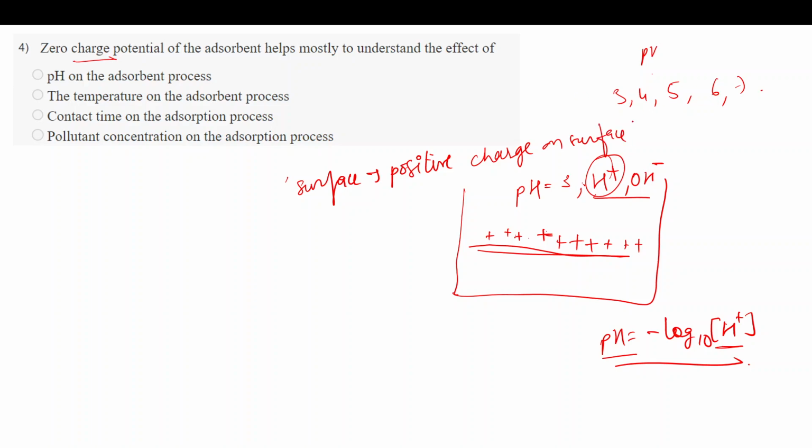Now, as the pH increases, the amount of positive charge reduces because lesser H plus adsorbs. So as pH increases, the amount of positive charge reduces.